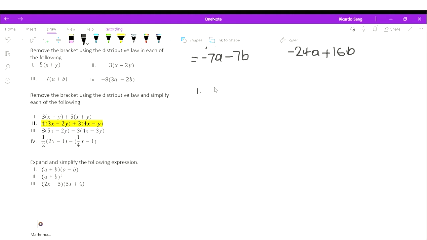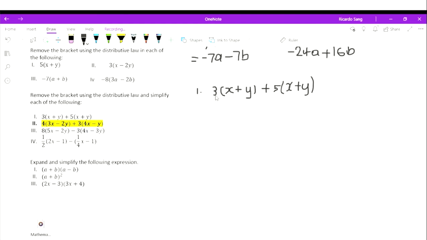So the first one is 3(x + y) plus 5(x + y).